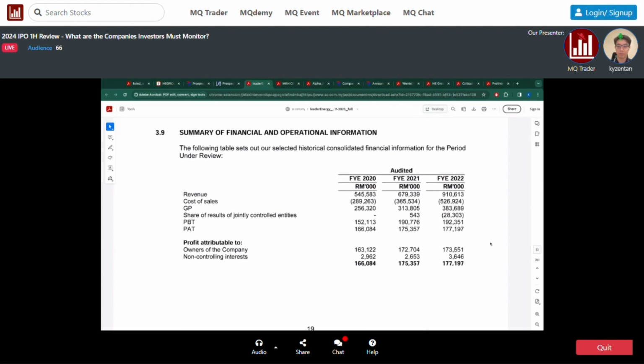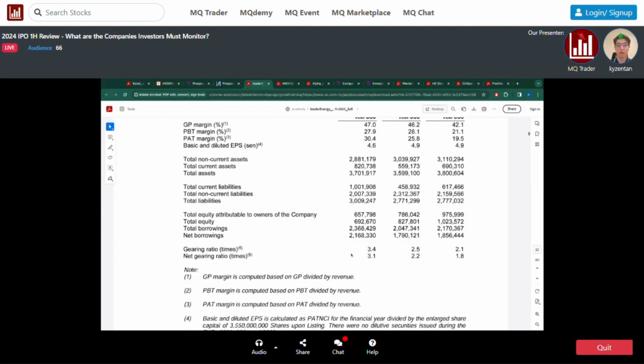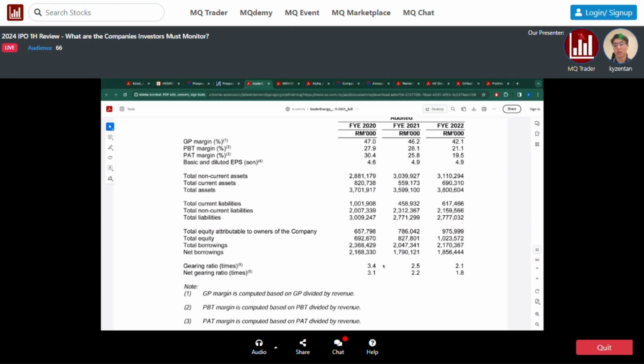So here are the financial results for Leader Energy. If you look over here, their gearing is higher than normal companies, higher than 1, because they need to gear up in order to build the assets. A lot of people will think this is risky because of the heavy borrowing: what if you couldn't pay back the loan, then you will default.